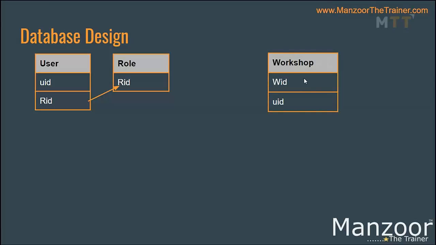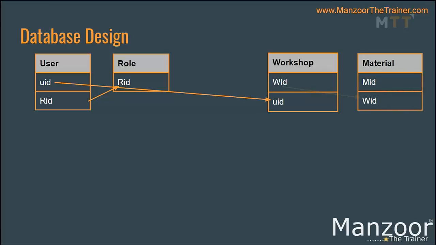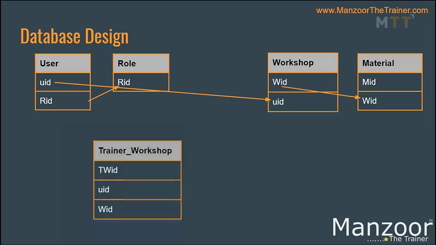Workshop. This workshop is created by a user ID, but this user ID will be of whom? Admin. So it will come from the user table. That's it. But we need to take care that it should be an admin. Material belongs to workshop ID. Trainer workshop: the user ID will come from the same user table, but this time the user ID is of a trainer.